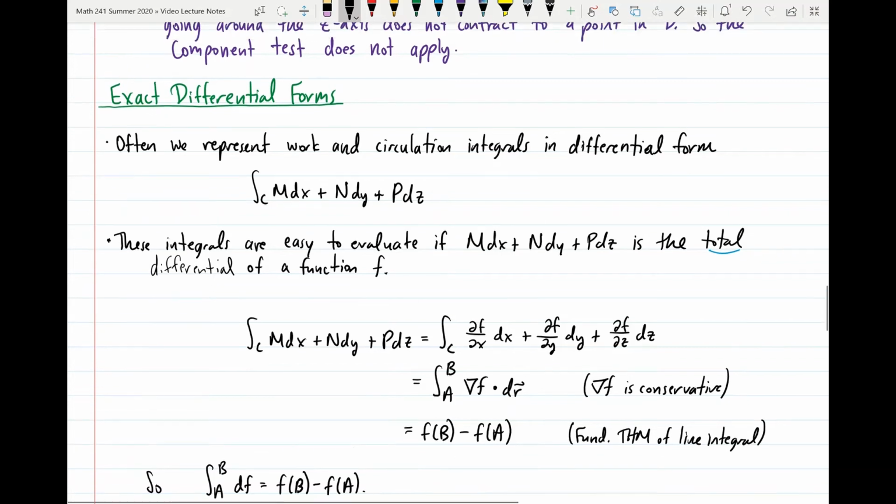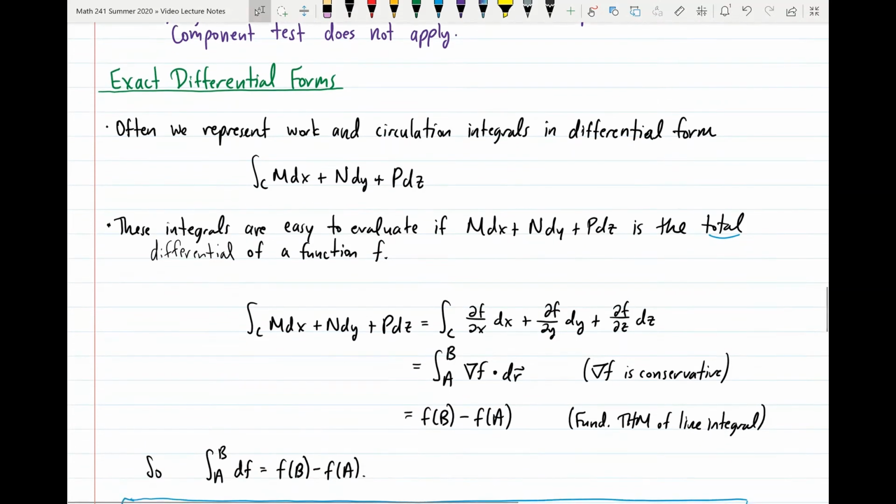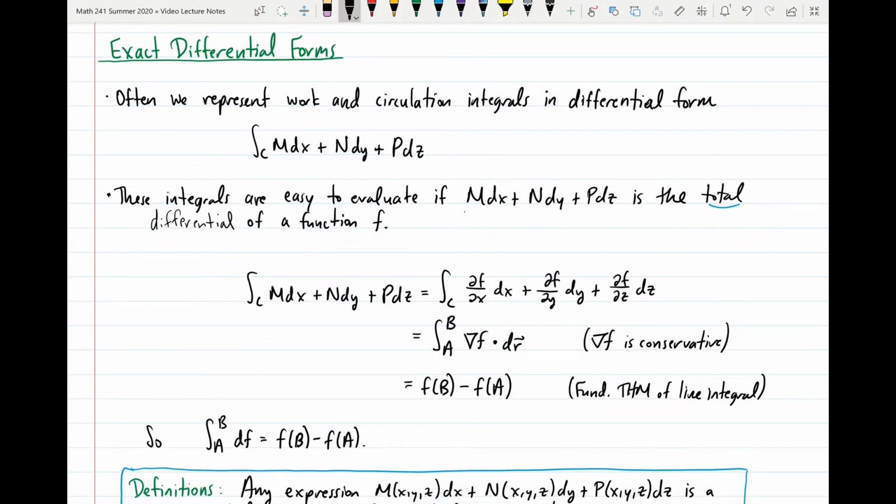So this is similar to the way that if we're evaluating the integral of some vector field f over c, that line integral is relatively easy to evaluate if we can write f as the gradient field of some potential function, little f. In this case, these integrals are easy to evaluate as long as this m dx plus n dy plus p dz is the total differential of some scalar function f.